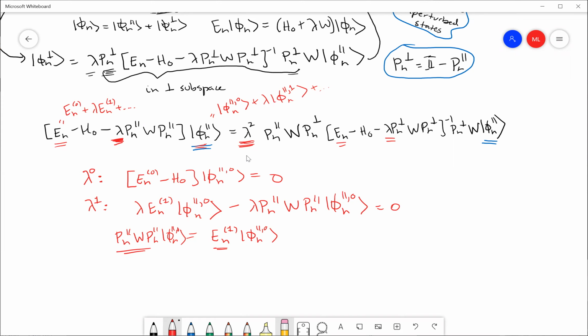Is there really no questions about this part? It's a little bit of a tricky calculation.